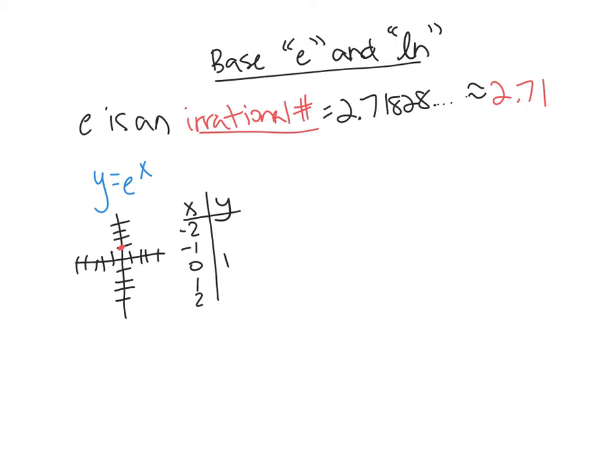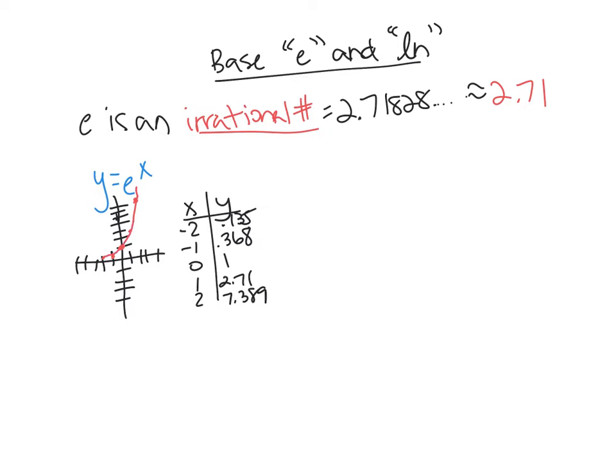If we plug in 1, e to the first is going to be about 2.71, so almost to 3. If we plug in 2, we're going to get e squared, so 7.389. What about -1? E to the -1 is 1 over e, so about 0.368. And if I plug in -2, that's 1 over e squared, about 0.135.